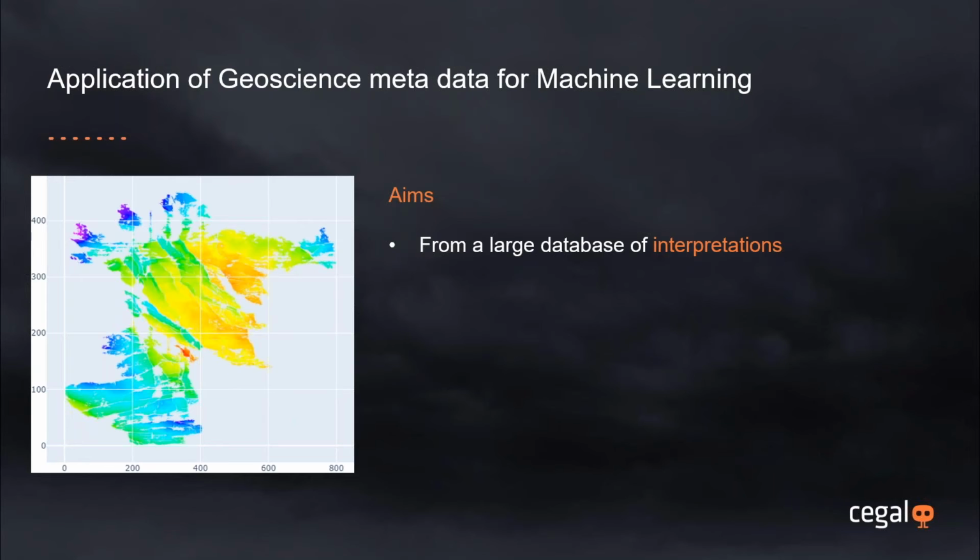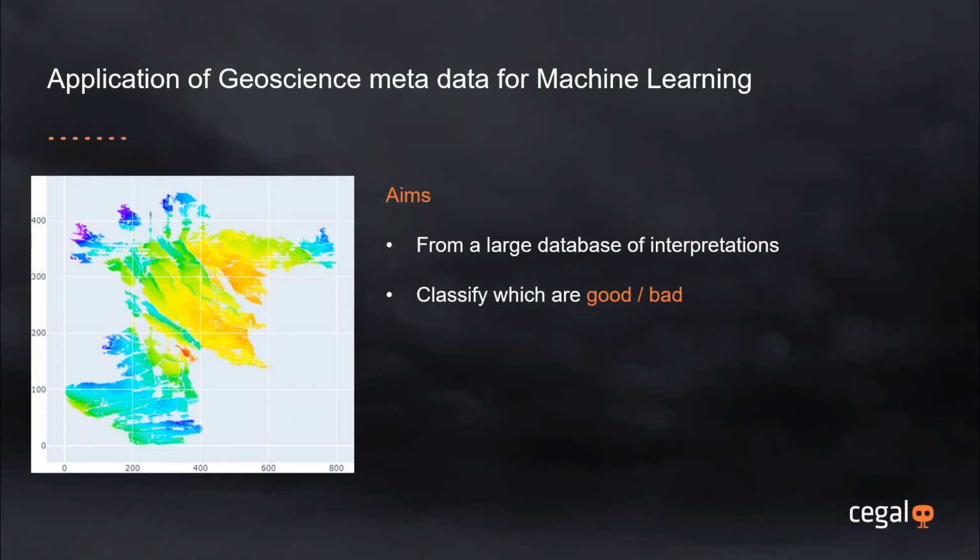So we roughly ended up with thousands, if not tens of thousands of interpretations within a single database. And they can be quite old, some of these interpretations, so it's quite a task to be able to identify which interpretations are good or bad.